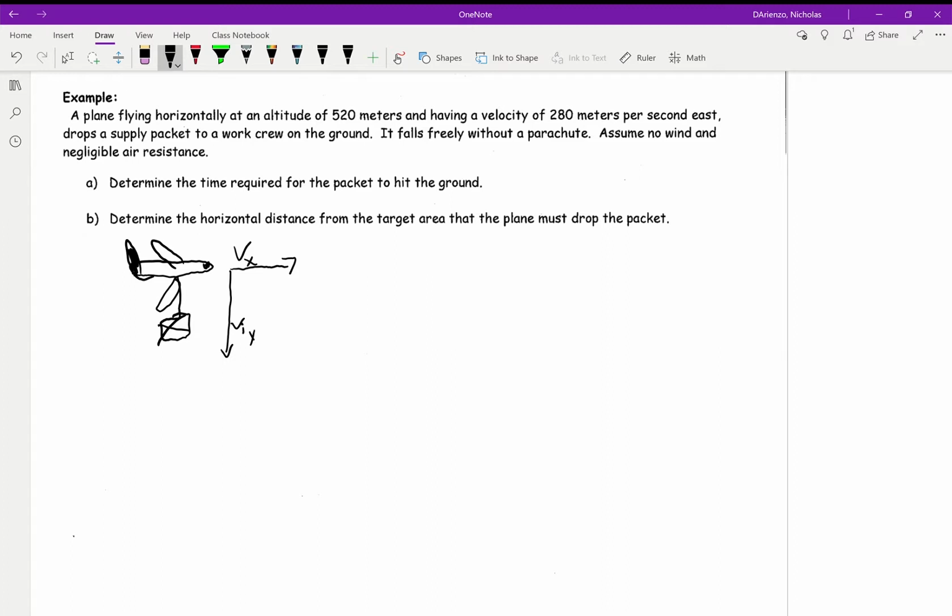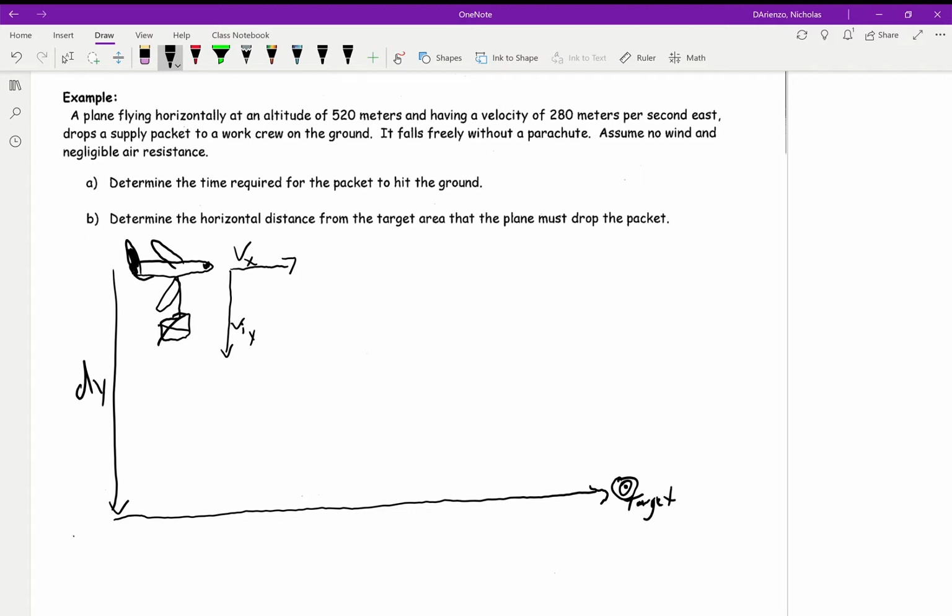Now with this plane, there's the distance that the plane is off of the ground, which is the distance in the Y direction. And this plane is going to have to drop this packet to a target. Do a little bullseye there. This is our target.